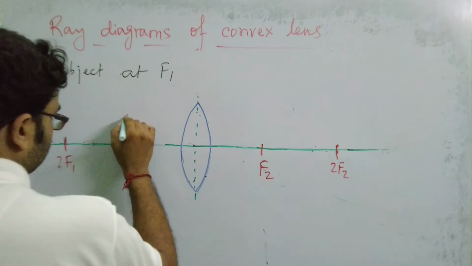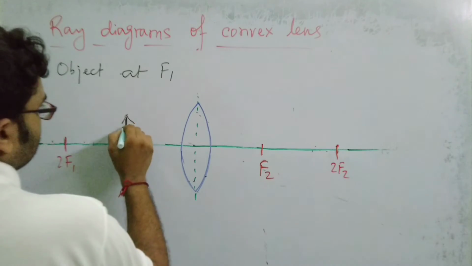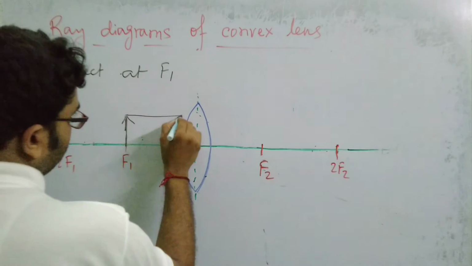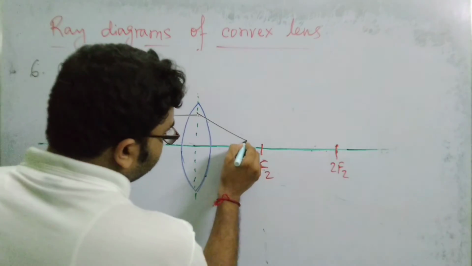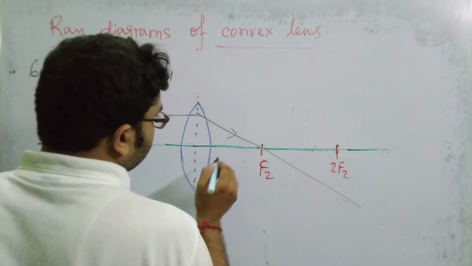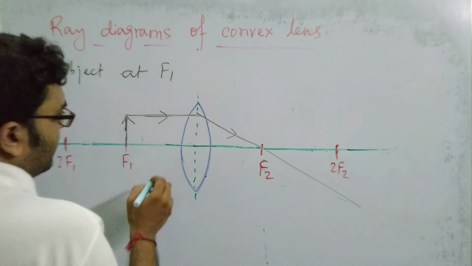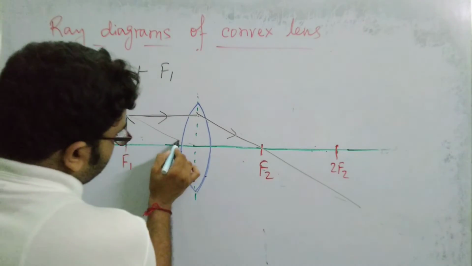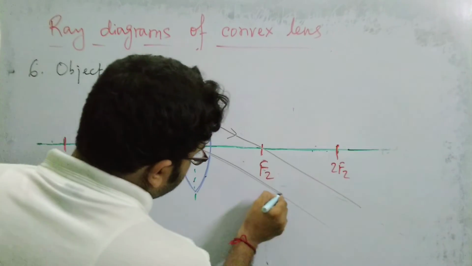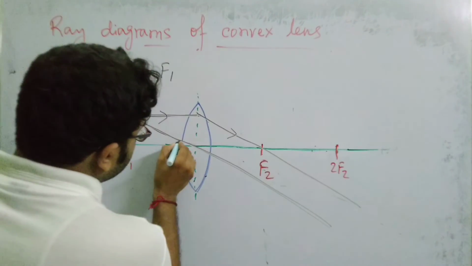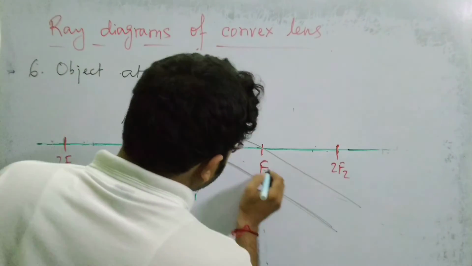Okay. So here one ray will be taken like this, parallel to the principal axis. After refraction it will pass through the focal point, and another ray will be passing like this through the optical center undeviated.